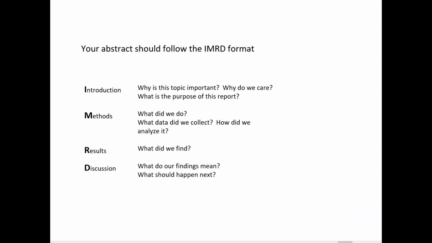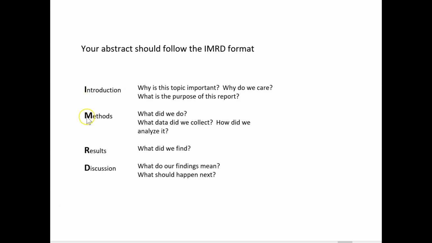First, the abstract. Your abstract should be written for someone who has not and may not ever read the full report. We should think of it as a report in miniature. So it should contain all the major sections that people expect to see. In general, when you're given a technical report writing task, you want to organize things in terms of the IMRAD format.